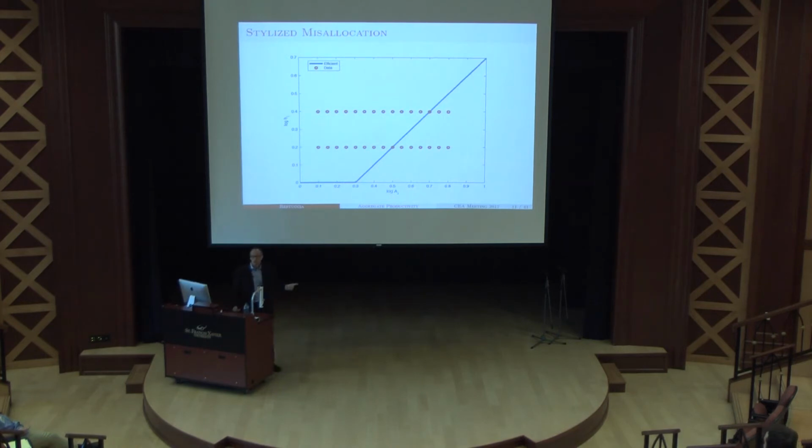But that's critical. If you put a tax on the return to capital that is the same across all producers, this is going to affect the aggregate amount of capital in the economy, but it's not going to create misallocation, in the sense of factors of production being different across producers.